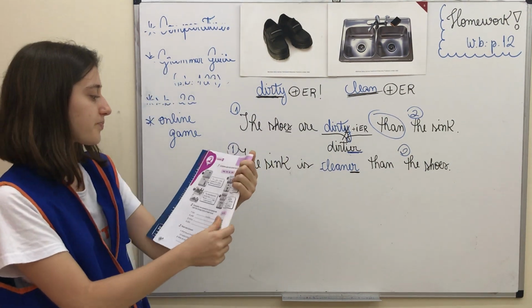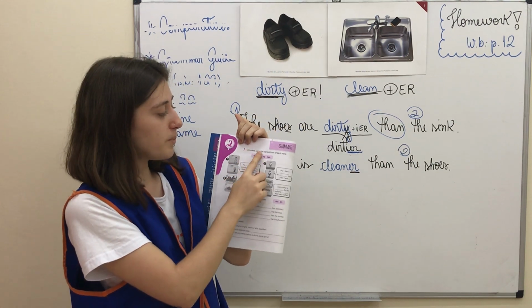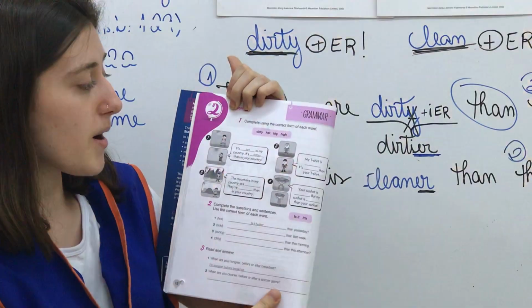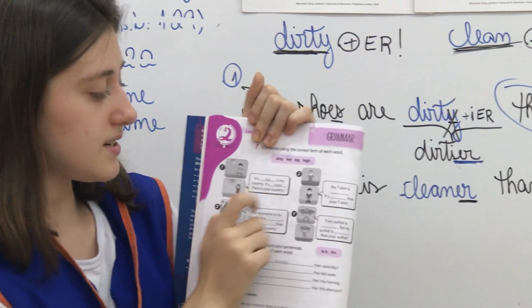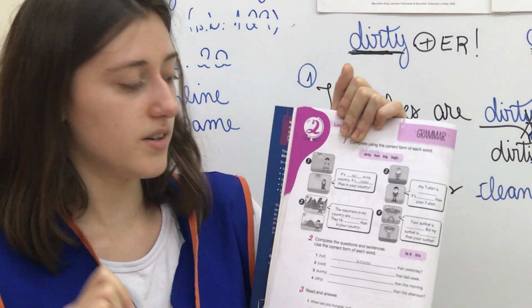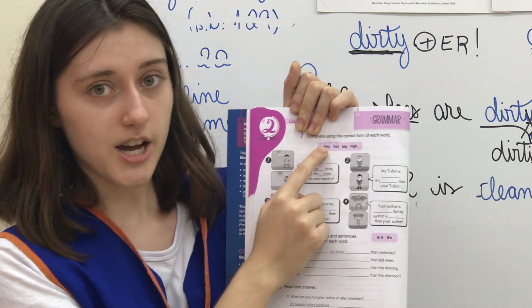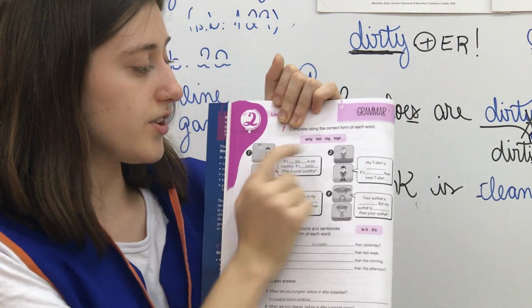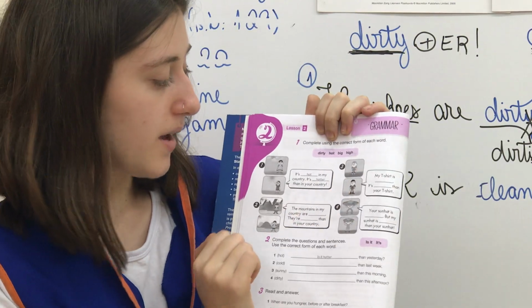We have here the first exercise. You are going to complete using the correct form of each word. So we have the example. It's hot in my country. It's hotter than in your country. So you have to use those words that are left, as words que sobraram, que tem dirty, big, and high, and complete here, okay?